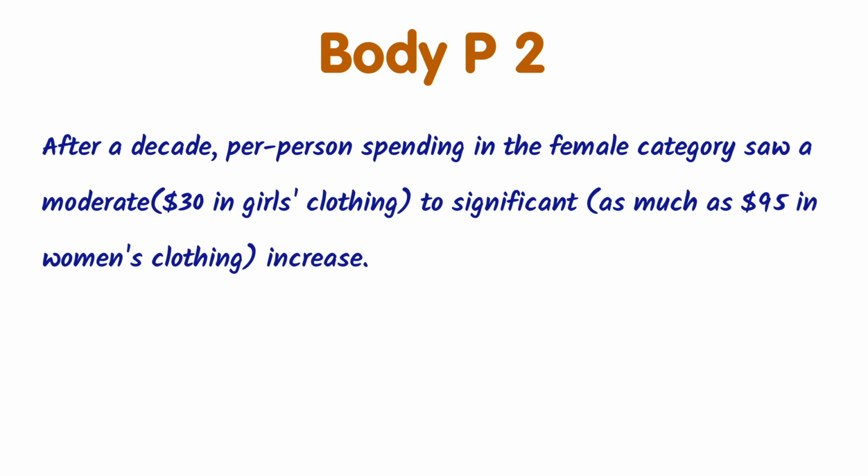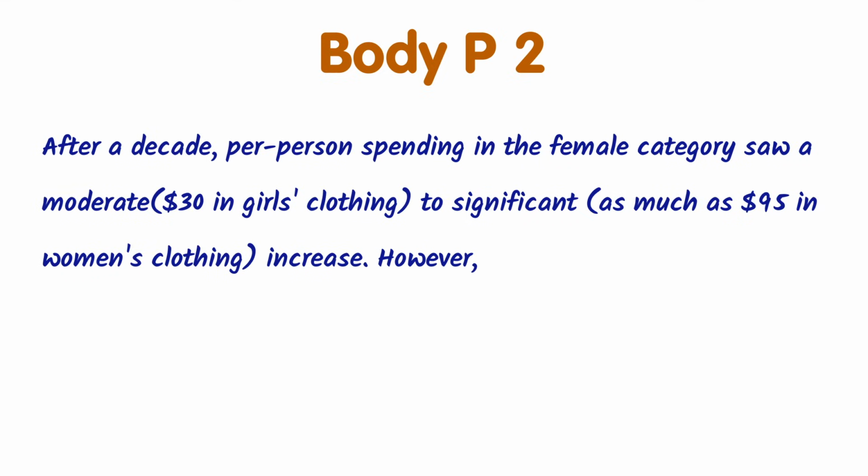Let's analyze this sentence. After a decade, per person spending in the female category saw a moderate rise or increase, and I can write the detail of that moderate rise in parentheses, like what I did here: $30 in girls' clothing to significant, as much as $95 in women's clothing increase.